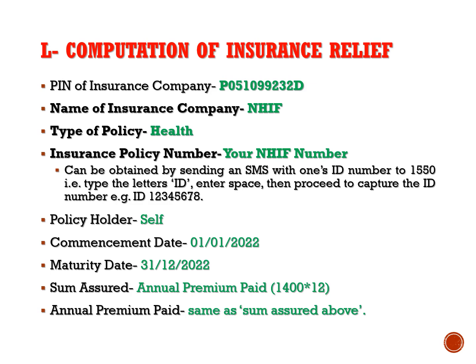The sum assured is the annual premium paid, the amount you paid in NHIF for that year. Again, this one is not there in the P9 form, but you can obtain all your pay slips from TPay. For those who have reached the maximum amount, it should be 1400, so you are just taking 1400 times 12.